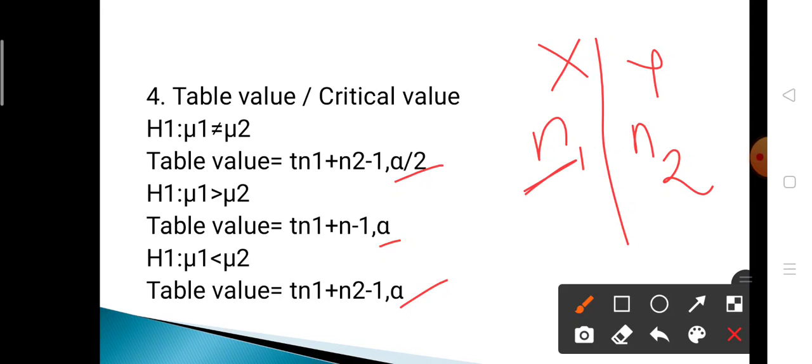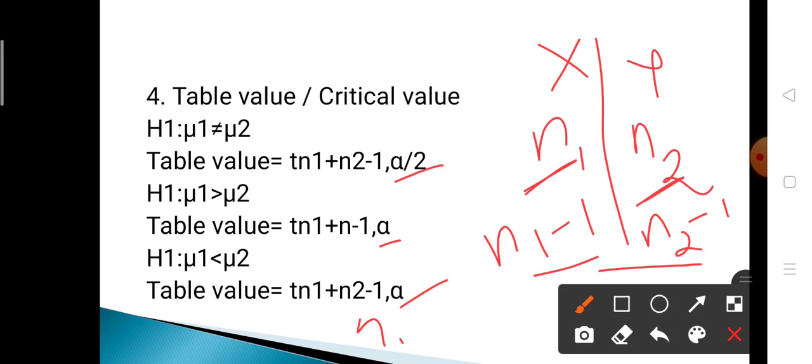Here the observations are n1, so degrees of freedom is n1 minus 1, and here the observations, that is sample size, is n2, so the degrees of freedom is n2 minus 1. Then the total degrees of freedom is n1 minus 1 plus n2 minus 1, that is n1 plus n2 minus 2. Okay.